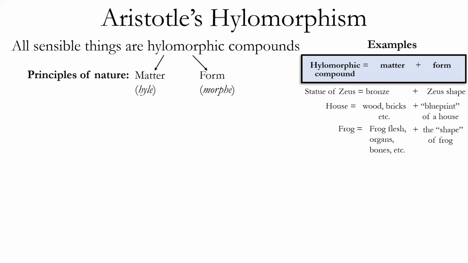So take something like a frog. Frogs, according to Aristotle, are composed of matter and form. They are hylomorphic compounds. The matter for a frog is going to be that out of which a frog is made. Frogs aren't made out of wood, bricks, or bronze or anything like that. They're made out of frog organs.